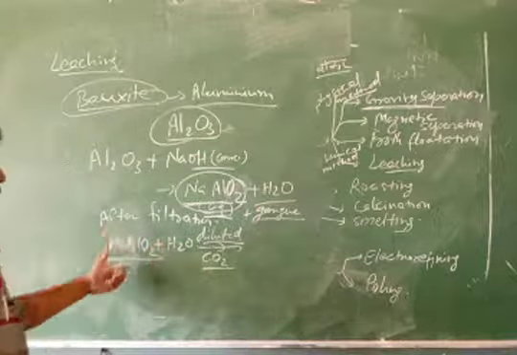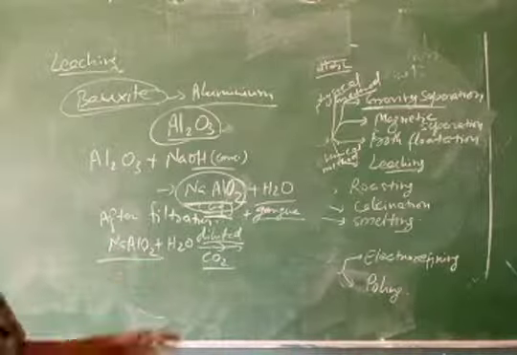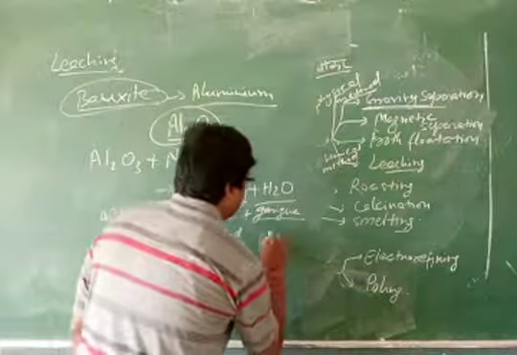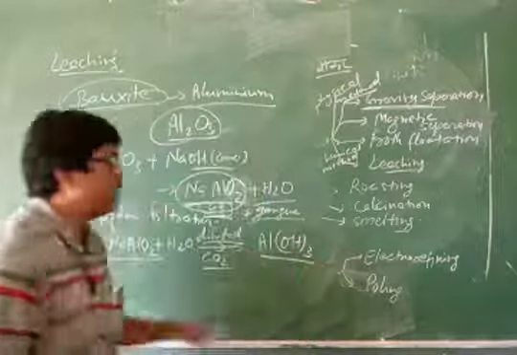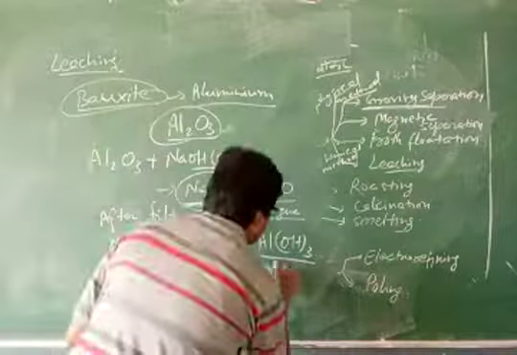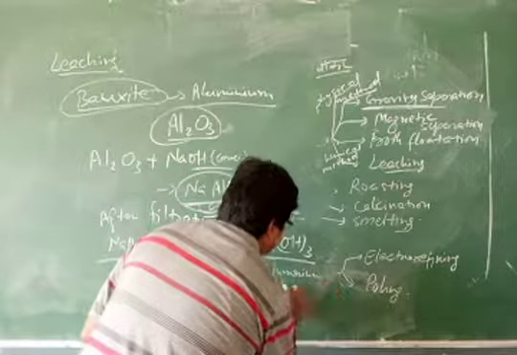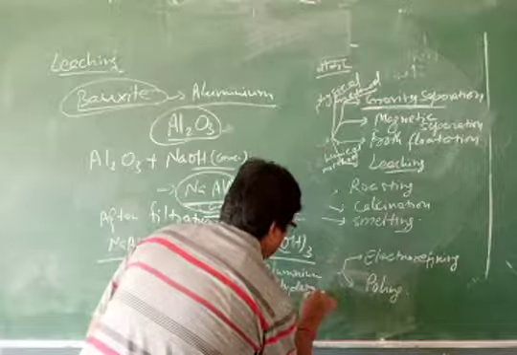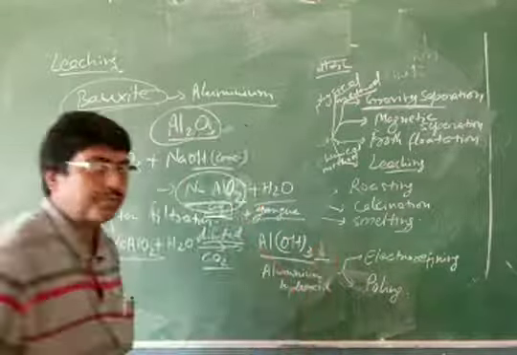Due to that, it forms Al(OH)3, aluminium hydroxide, which is a precipitate.